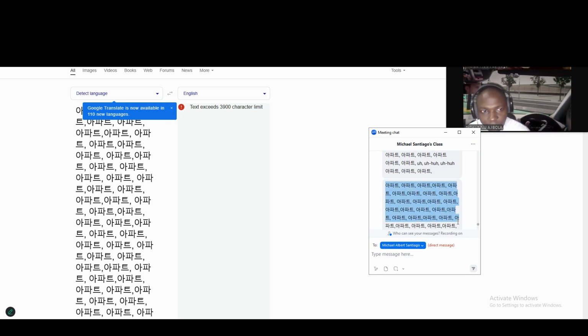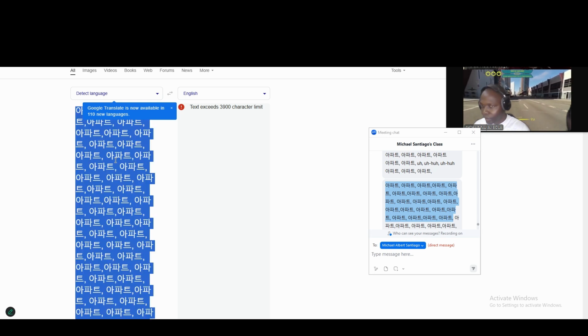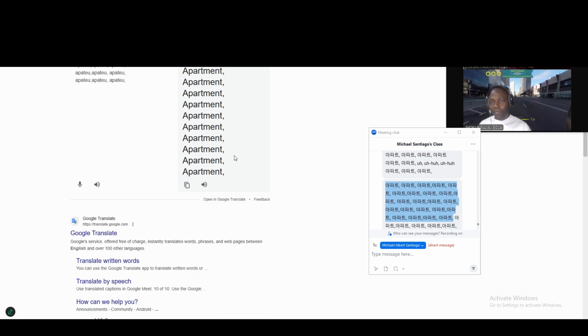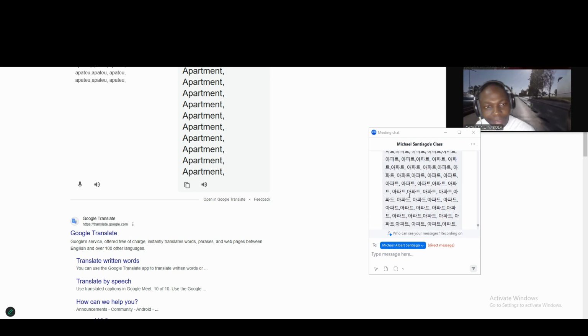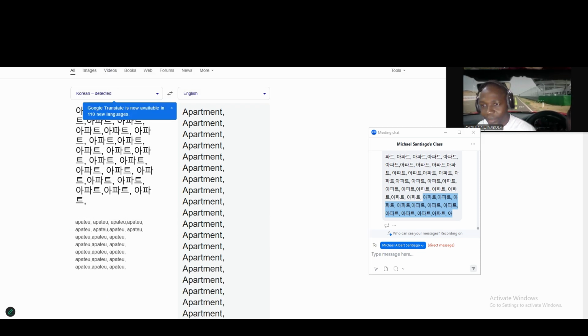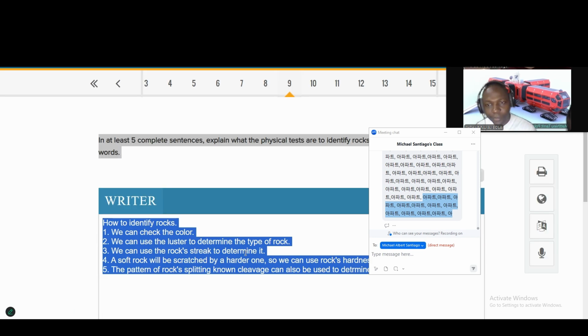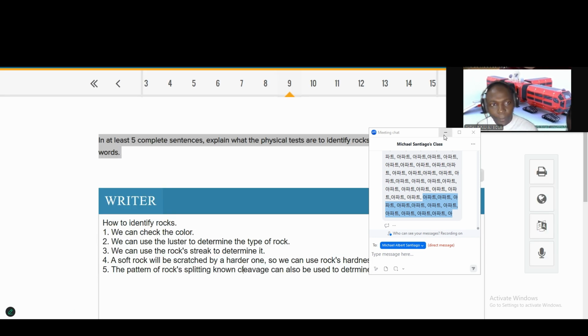Means that what? You're just typing apartment and sending it to me. Why should that be? Now I said you should concentrate, right? Okay, yes. It means we should check the color.